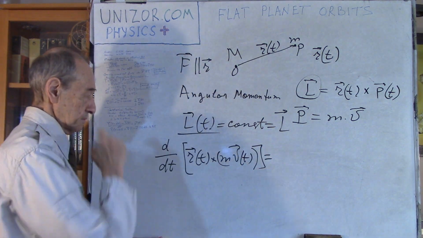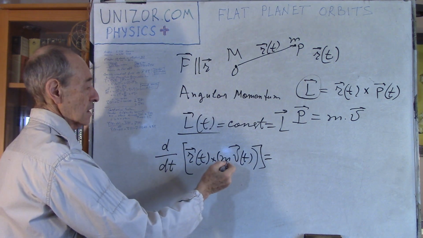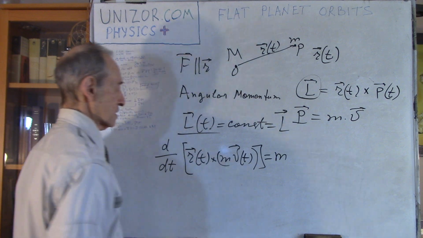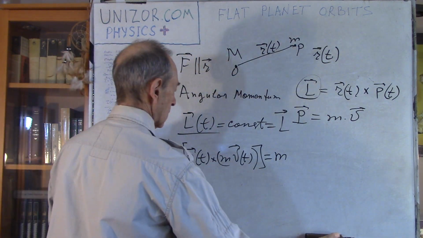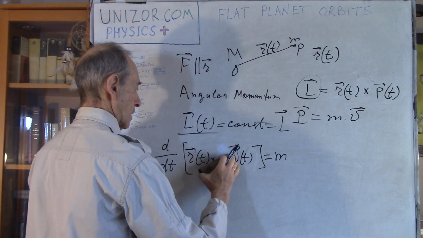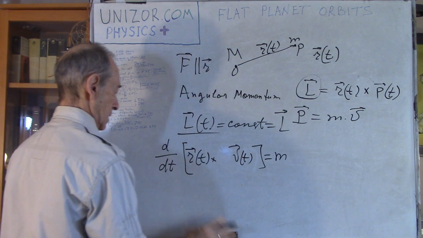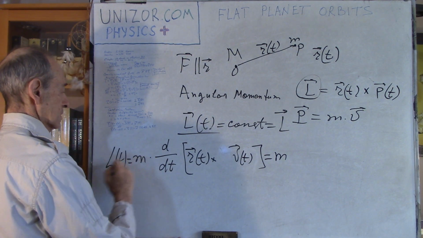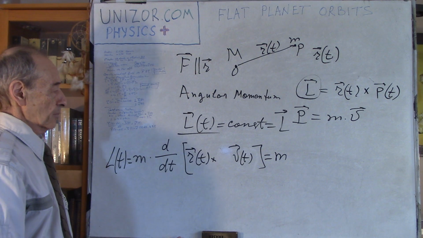What is it equal to? Well, m is just a constant, so we can take it outside of this differentiation. So what I will have left is m times the derivative of the vector product r of t and v of t.